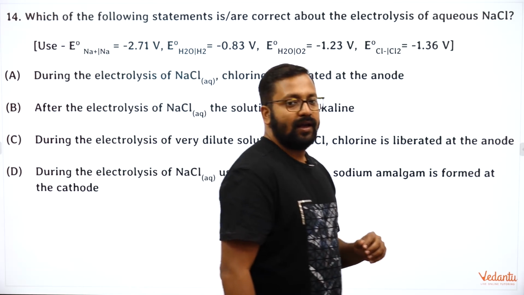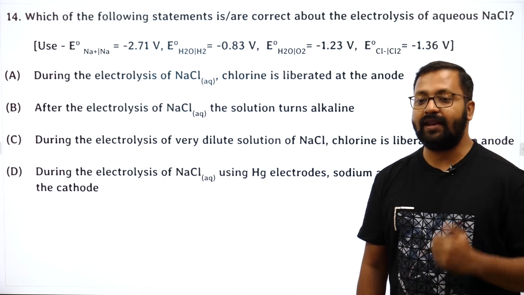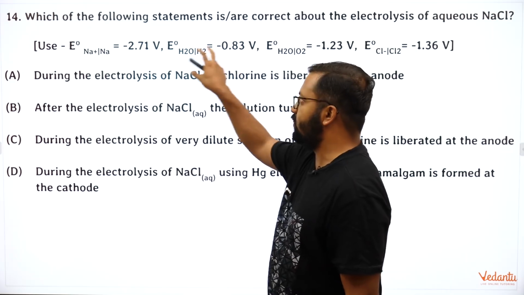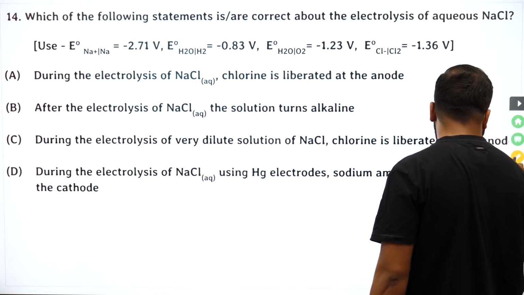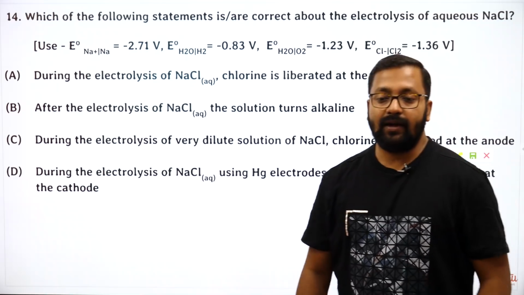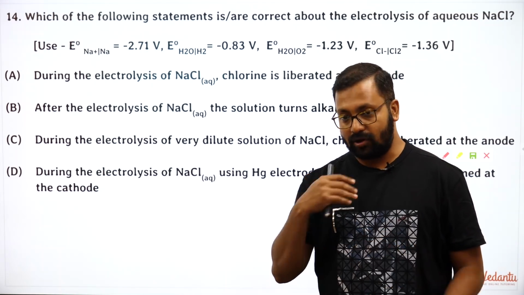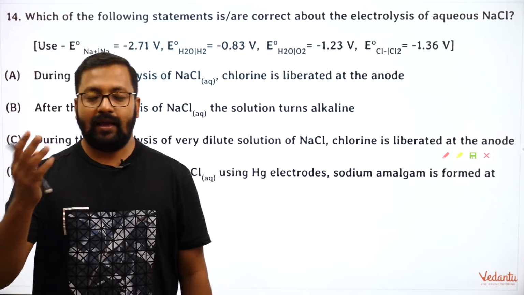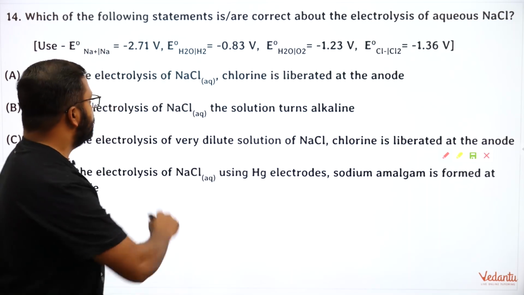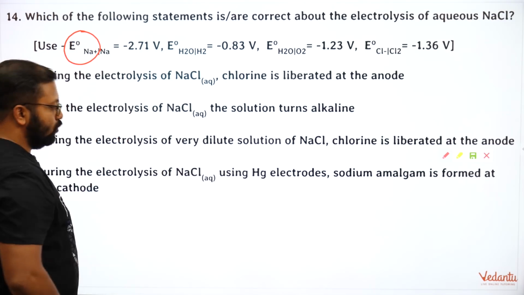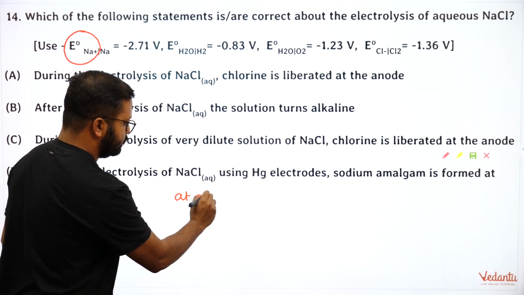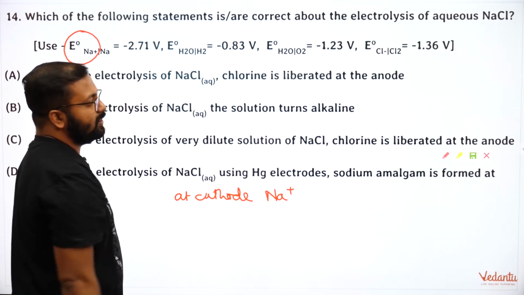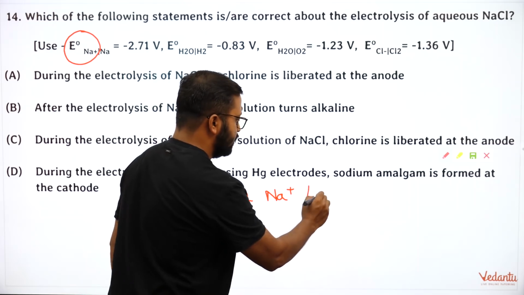At the anode oxidation will take place and at the cathode reduction. Na+ will want to go to the cathode, so at the cathode Na+ will compete with H+.